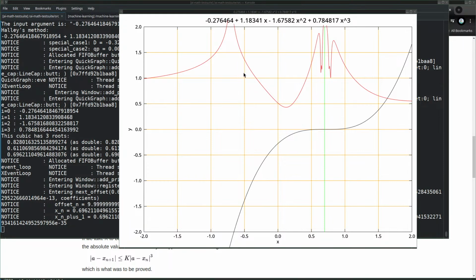So that's this thing here. Not very interesting, therefore. Unless, of course, the root is in 0 or very close to 0. That's definitely a special case.